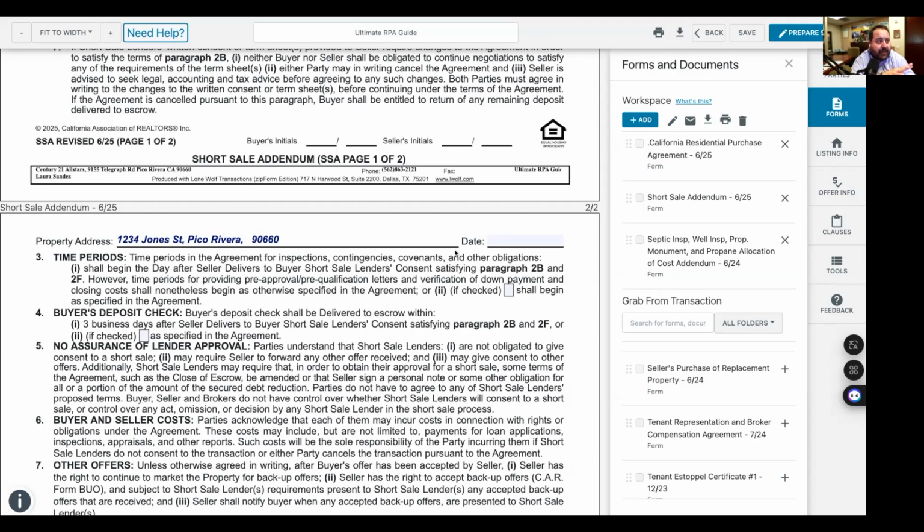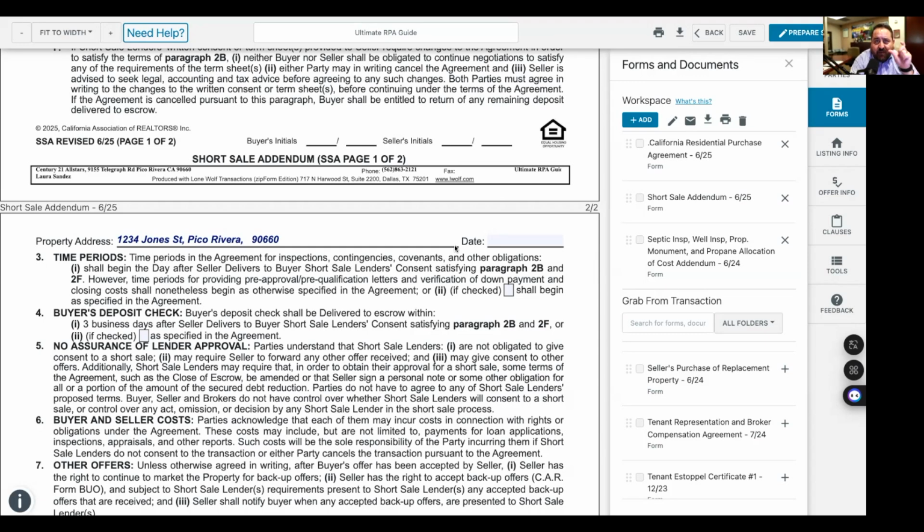But by default in the short sale addendum, the time periods for the contingencies for investigations, inspections, appraisals, loan, all that stuff, the seller to deliver you documents as far as disclosures and reports and things of that nature, they don't start until you receive the approval from the short sale lender, the consent, not the amended consent where they're saying, no, you have to change the terms of the agreement to this.